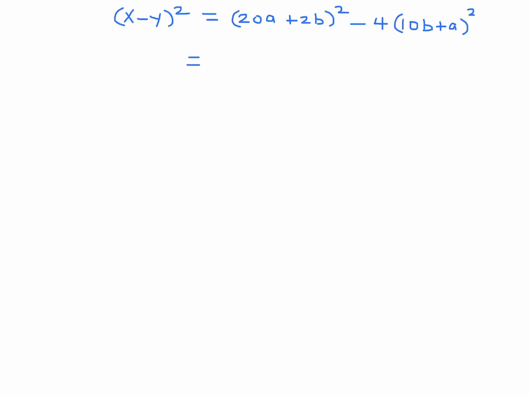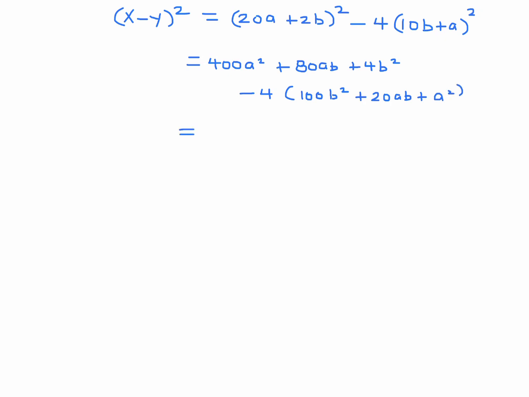Now we have to expand this. So this will become 400a squared plus 80ab plus 4b squared. And then if you expand the second term, you'll get minus 4 times (100b squared plus 20ab plus a squared).